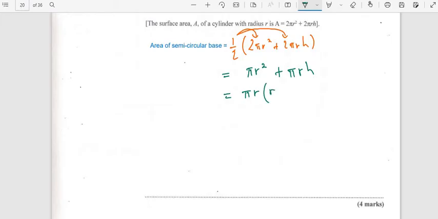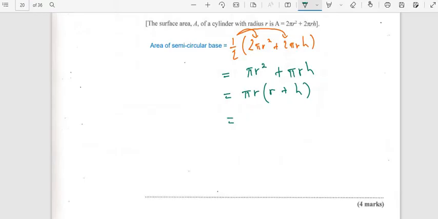So we're left with an r here plus h. That makes sense? So pi r times r will be pi r squared, and pi r times h will be pi r h. This should be understandable if you do factorization, so that's a good way to revise that.